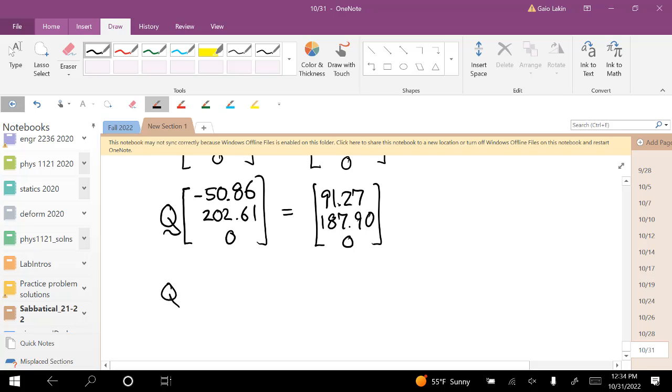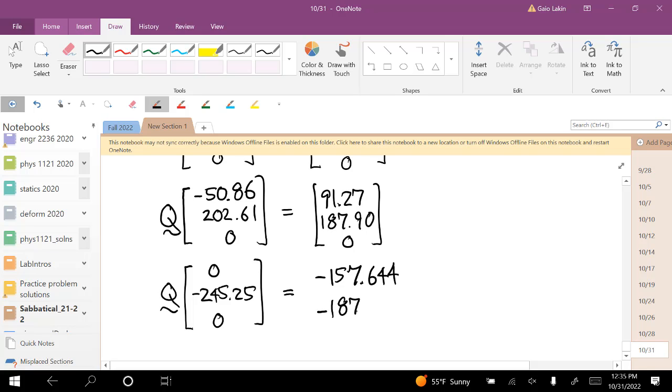And then we have Q times the distributed load vector, which was just 0, negative 245.25, 0. And you get negative 157.644, negative 187.872, 0.